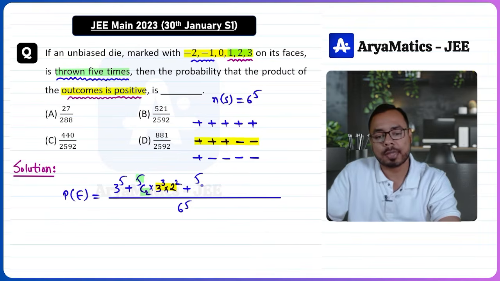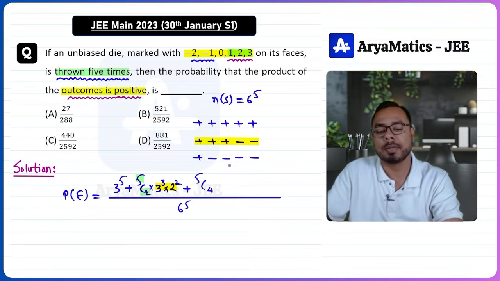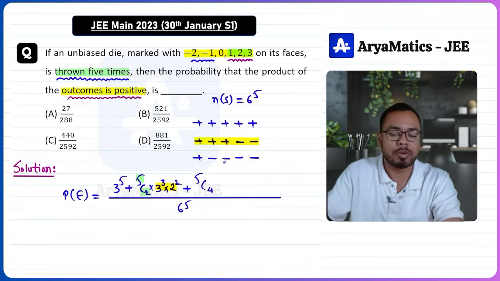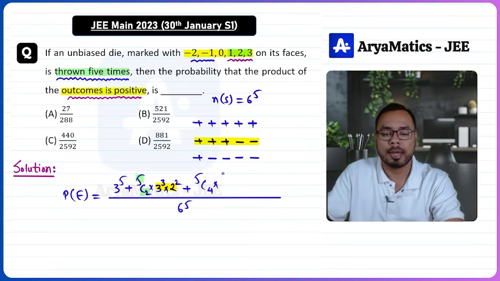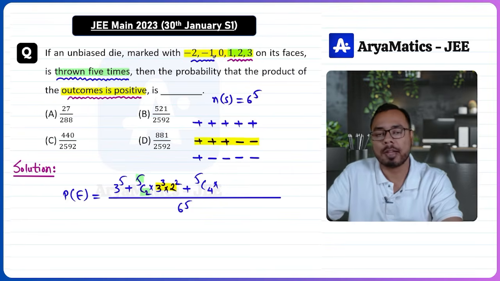Similarly, the next case is 5C1 or 5C4, and those two will be the same. So select any four outcomes, those four will be negative, and the fifth one will be positive. So 5C4 is for selecting any four outcomes, and those four are negative. For negative, we have two options. Let us say, for example, in this case the first one is positive, so for that we have three options.